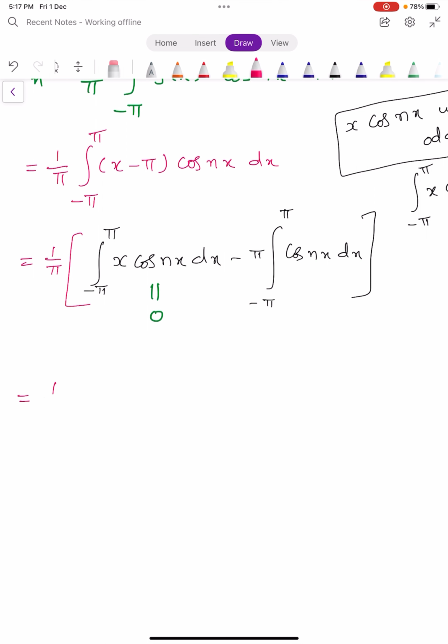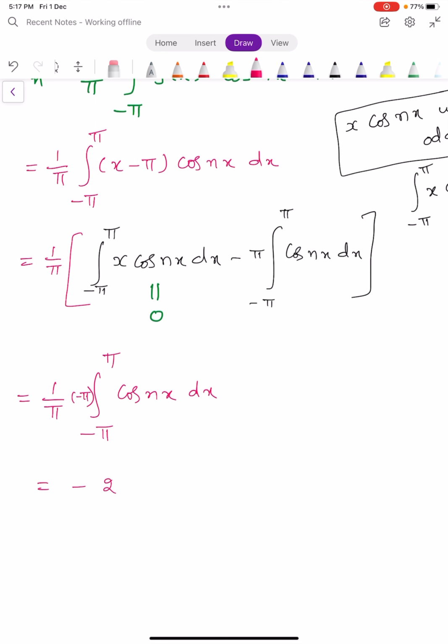So it equals 1 by pi into minus pi, integral from minus pi to pi of cos nx dx. The pi and 1 by pi get cancelled, leaving a minus, and cos nx is an even function.